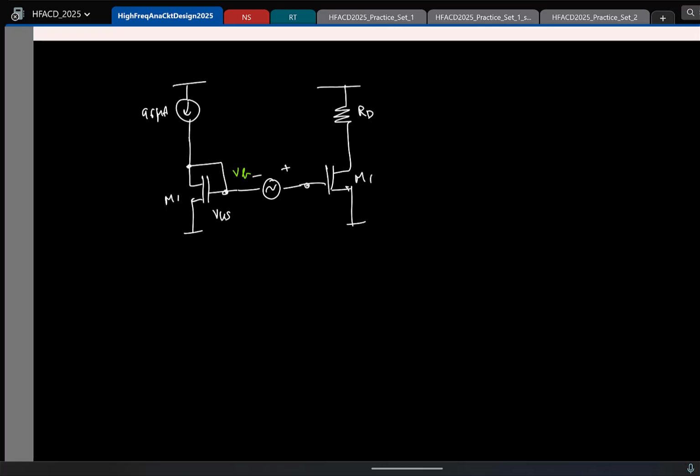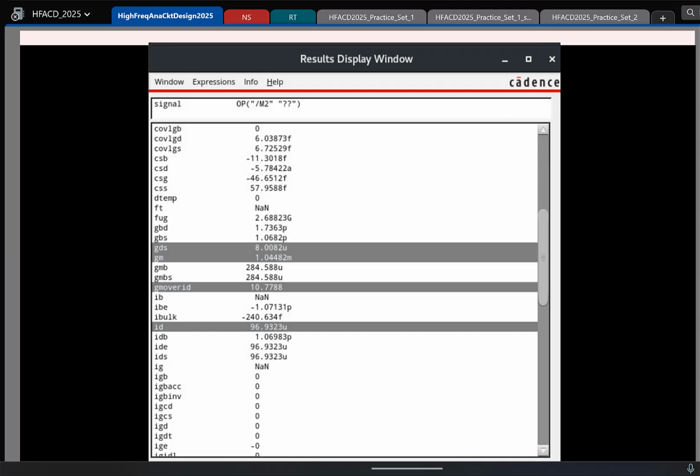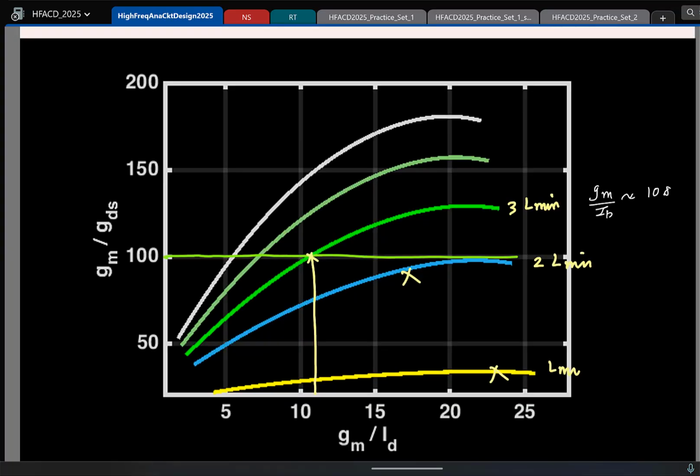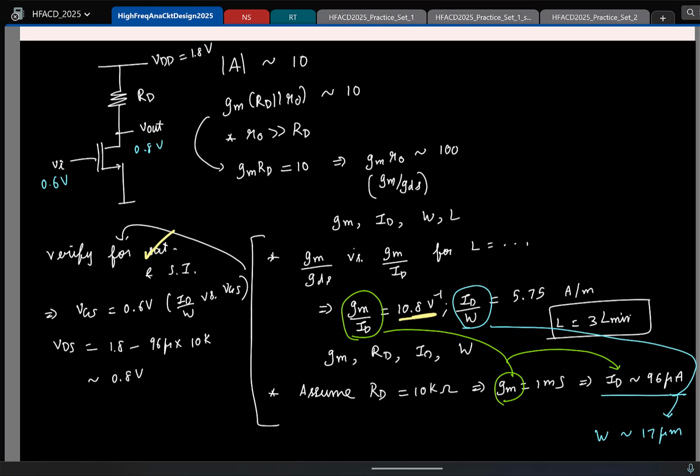And when I did this, these are the results I get. This is the operating point. As you see, I wanted a Gm by Id of 10.8 roughly. I get the same, and our Gm was how much? Gm was 1 millisiemens.